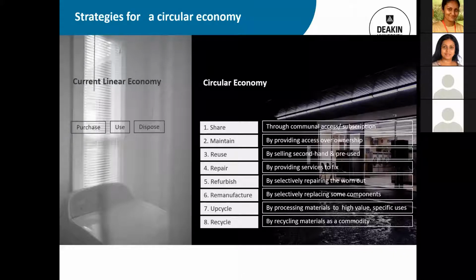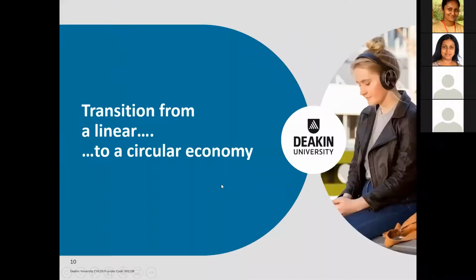And of course, use of renewable energy is very much encouraged in a circular economy, because fossil fuel related energy, of course, has a resource footprint as well. So I probably wanted to give you an idea of what circular economy is about.